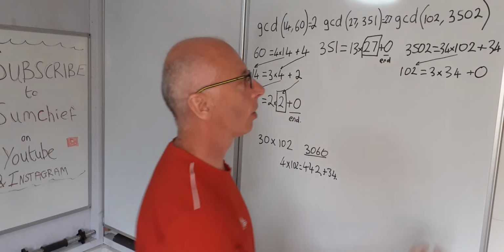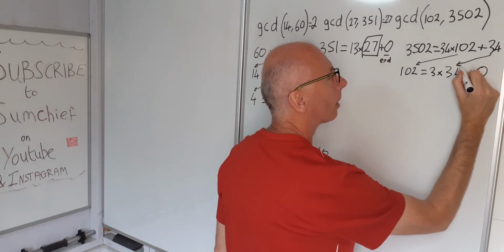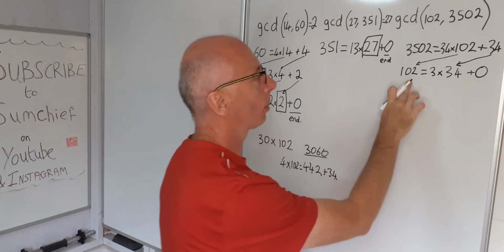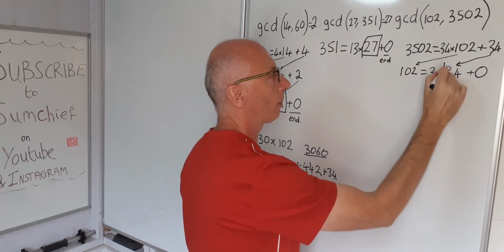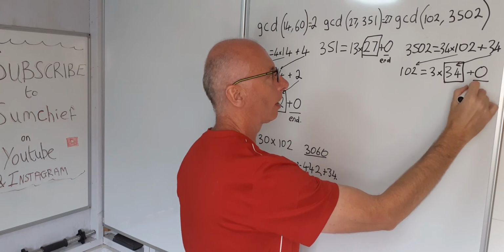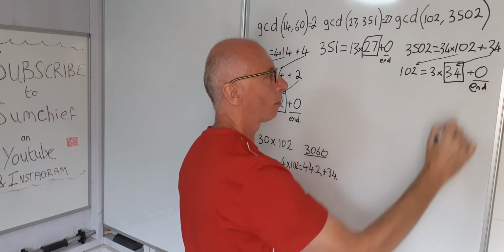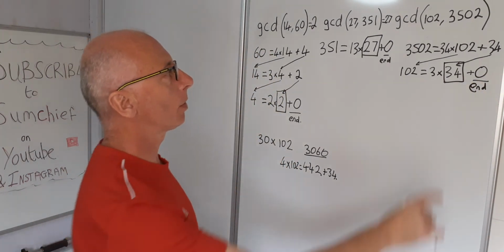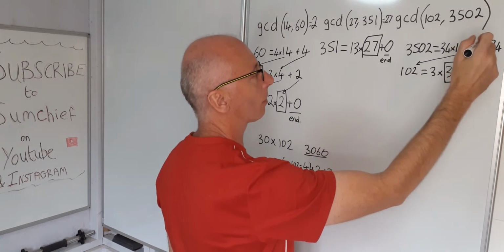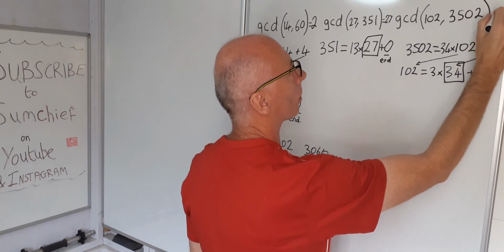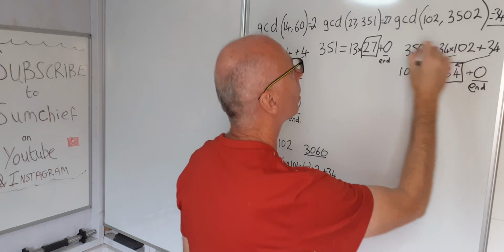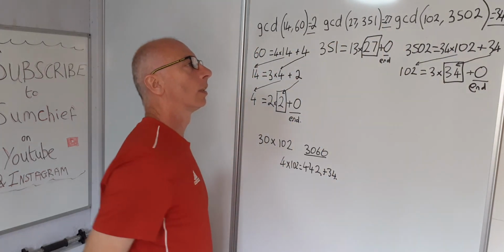So again, we got lucky here again. 3 times 34 is 102, 0 remainder. So therefore this gives us the answer, and this symbol's the end. So the greatest common divisor of 102 and 3502 is 34. Okay.